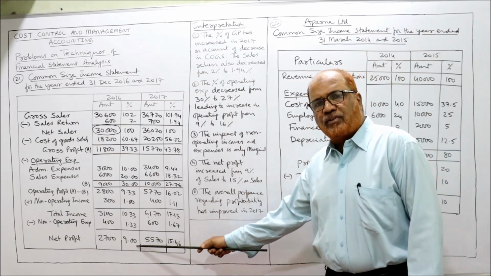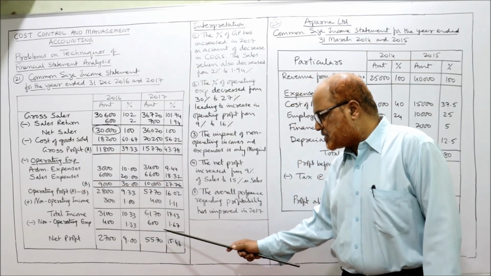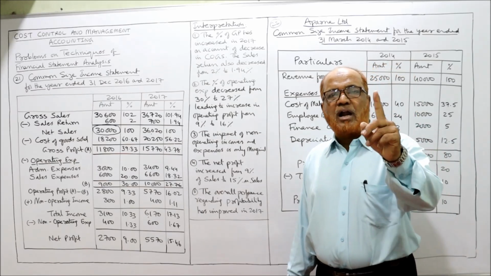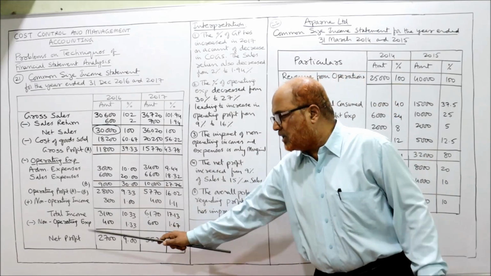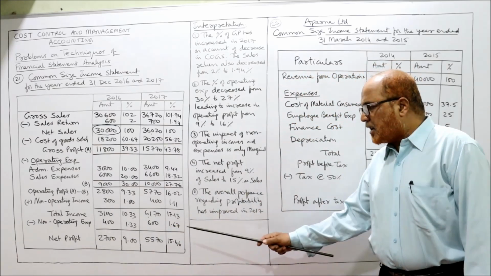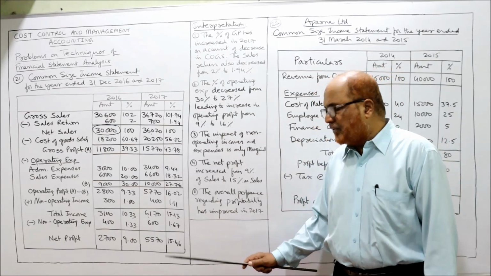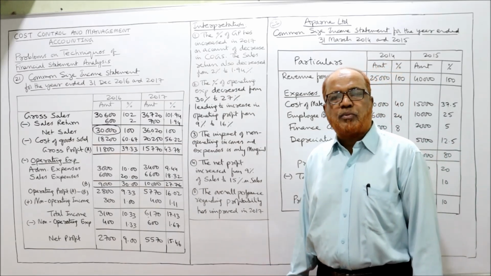Now lastly, net profit. The net profit as a percentage of sales increased from 9% to 15.46%. So for every 100 rupees of sales, 9 rupees was the net profit last year. Current year for every 100 rupees of sales, we are getting 15.46 rupees of net profit.